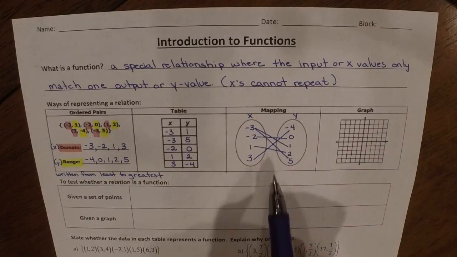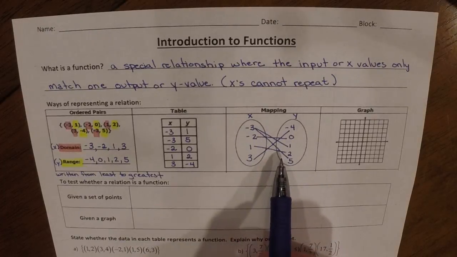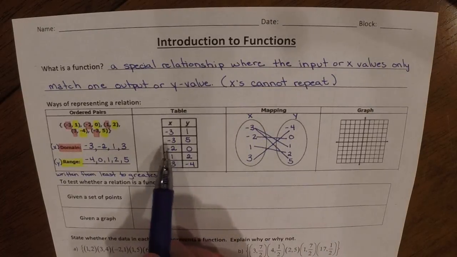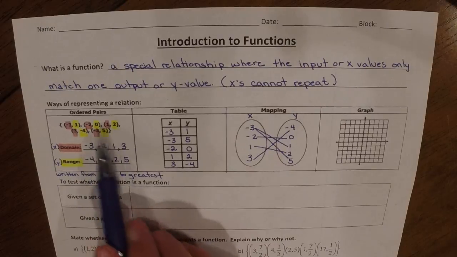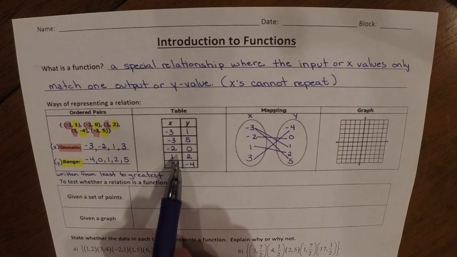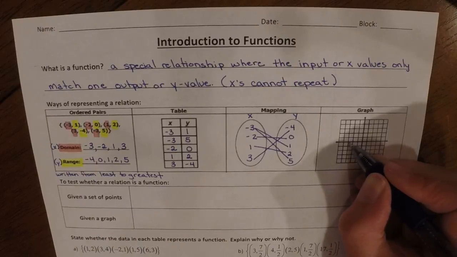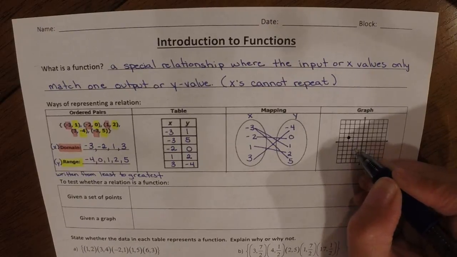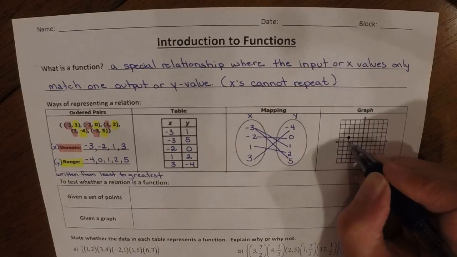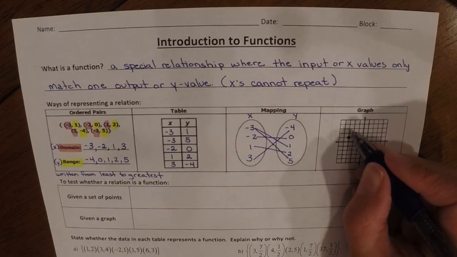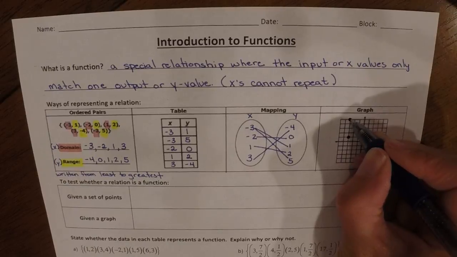So if they gave us something in mapping, all we have to do is rewrite those as ordered pairs like this, or put them in a table. And then the last way to show the relationship of any function is to graph. So if I do -3 and then 1, I would put a point. I have -3 and then 5 and put a point.